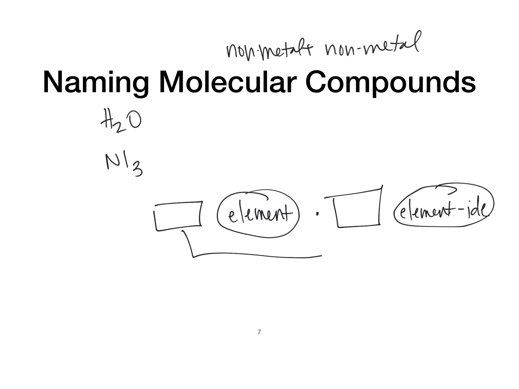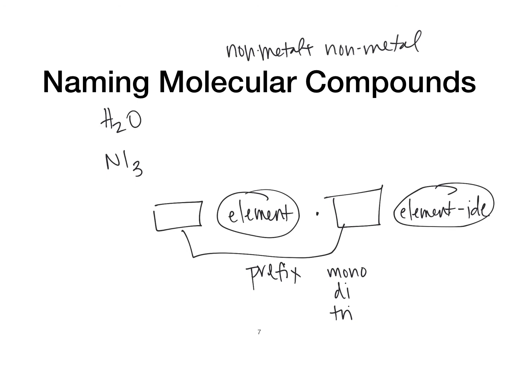So in both of these squares are going to be the prefix, things like mono, di, tri, etc. We don't really go above 10, and that would be deca. So both of these would have prefixes.